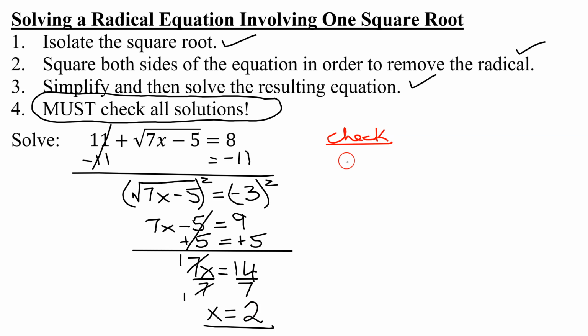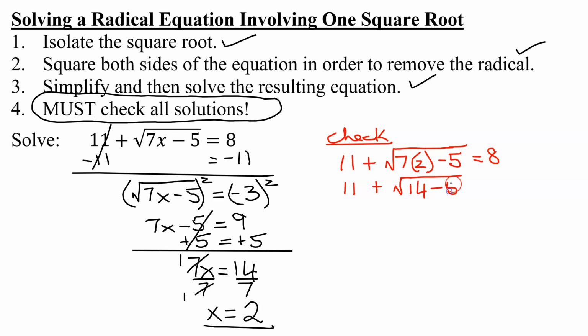So I'm going to have 11 plus the square root of 7 times x, which is 2, minus 5, all under the radical, should equal 8. So I have 11 plus the square root of 7 times 2 is 14 minus 5, should equal 8.